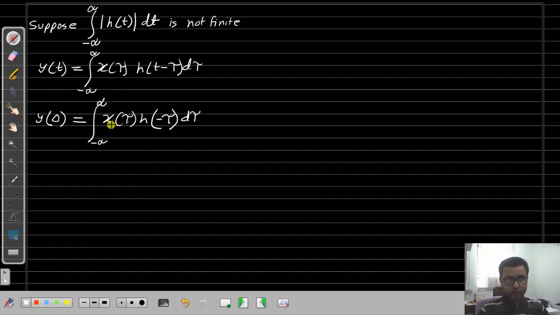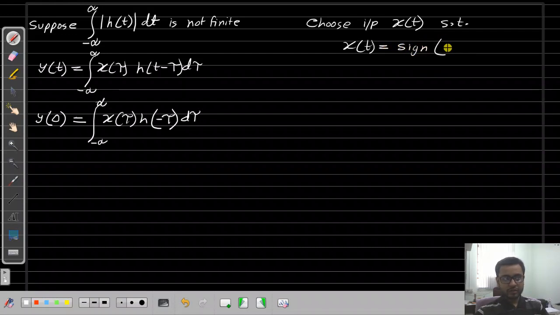Now I will choose the input in a way to make this output infinite. So I will carefully choose the input. Suppose I choose input x(t) such that x(t) is equal to sign of h(minus t). What does this mean?